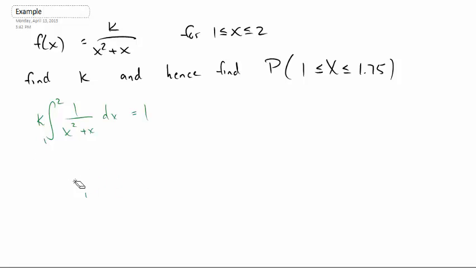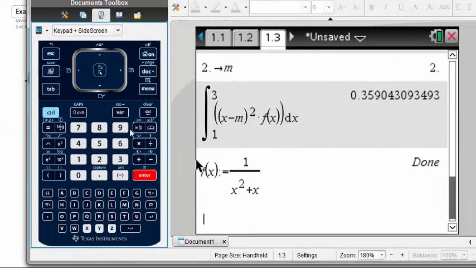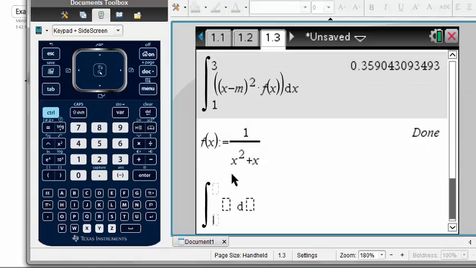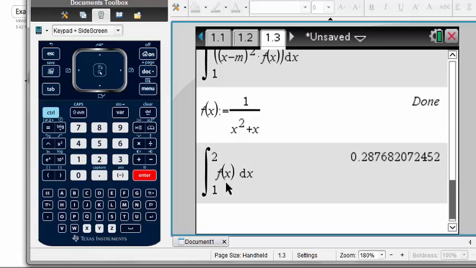So what I need to do now is evaluate this definite integral from 1 to 2 in the calculator. I'm going to go into my template, 1 to 2 of f of x dx, and we get this number as that area from 1 to 2.